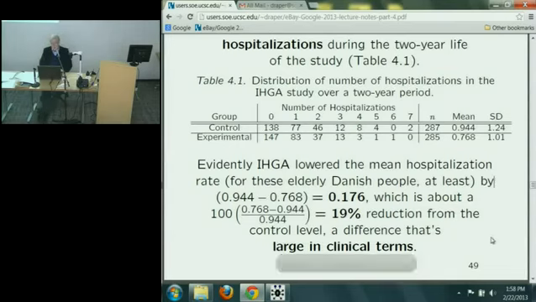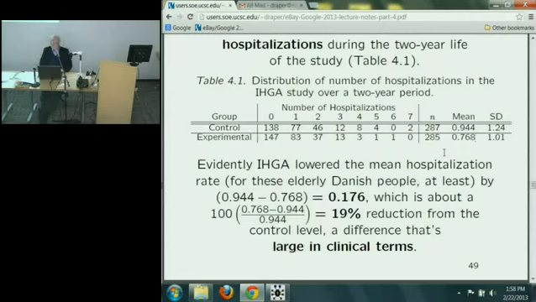Now, of course, when we do an experiment like this, we're not just interested in seeing what happened descriptively in the actual control group and in the actual treatment group that we have. We're interested in trying to generalize outward from this data to the larger universe of all the people who are similar to the people in the experiment, in order to be able to make a judgment about what should be done for everybody in Denmark, not just the people in the experiment.